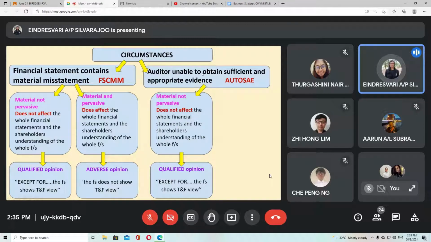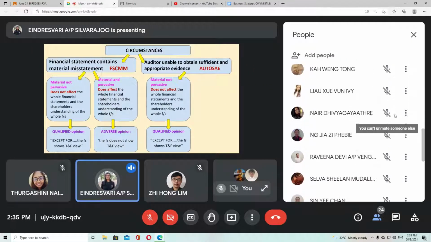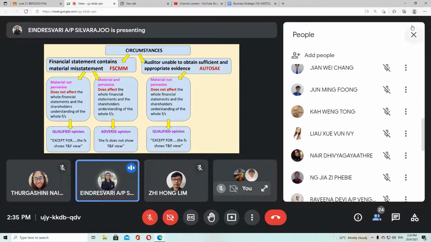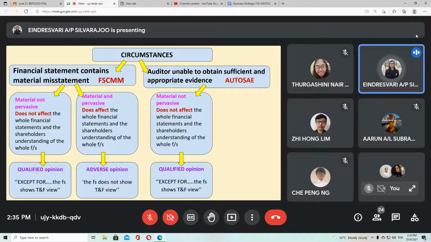In what circumstances is the auditor unable to obtain evidence? When the accounting system maybe got infected by a virus, so there are no ledgers available for the auditor to look at, or there was a huge flood or fire which destroyed all the accounting records or major items of the accounting records, where the auditor cannot obtain any evidence.